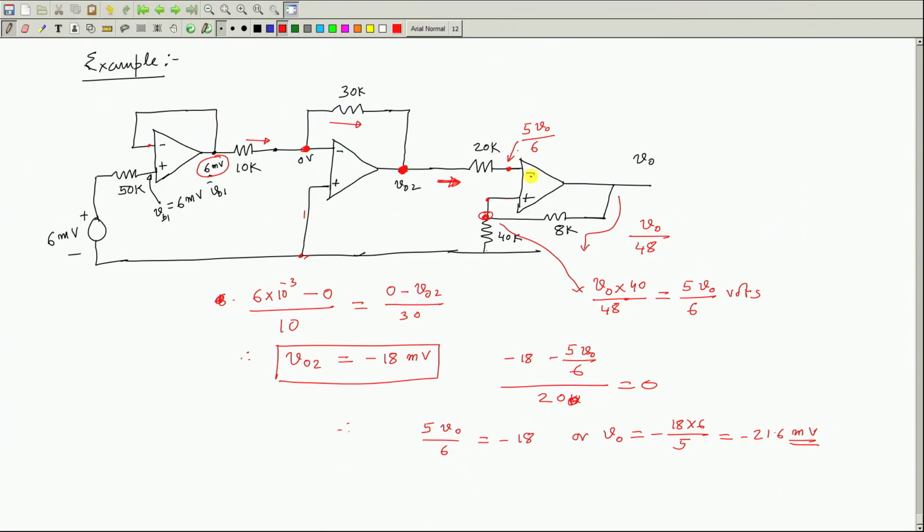If that be the case, then I can easily calculate the output voltage. Therefore, these are some of the examples. So, we have discussed some of what can be done using ideal op amp circuits.